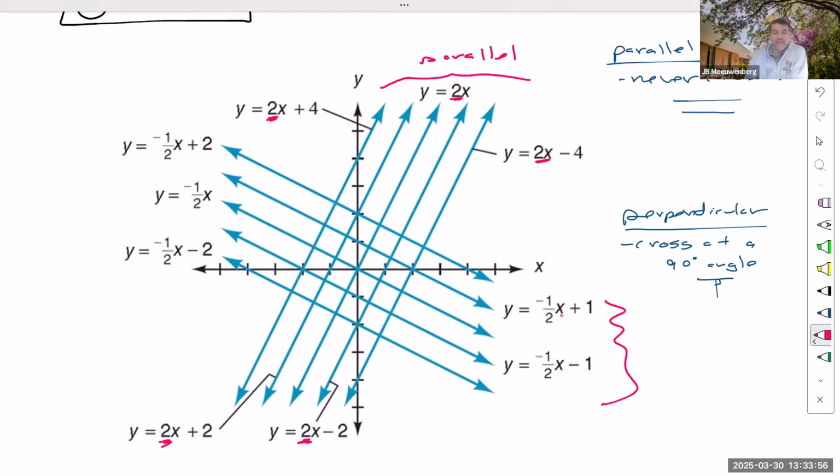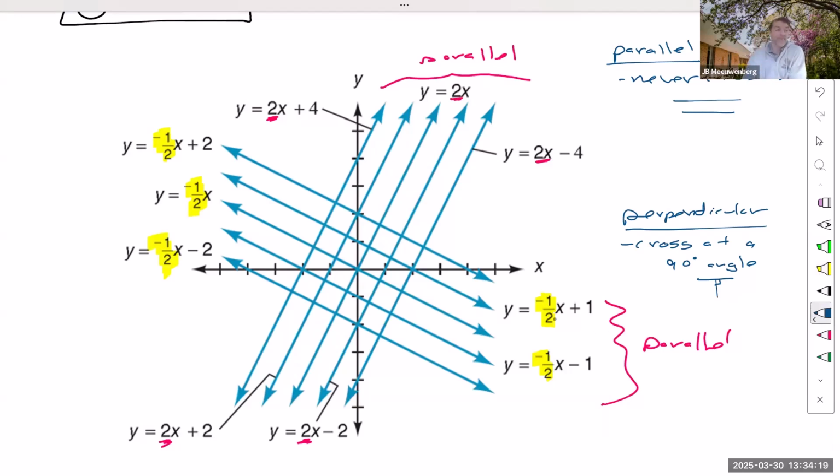These also have the same slope, so these are also parallel. -1/2, -1/2, -1/2, -1/2, -1/2. But they do have different y-intercepts. That's why we can see them. And so we have 2 sets of parallel lines.